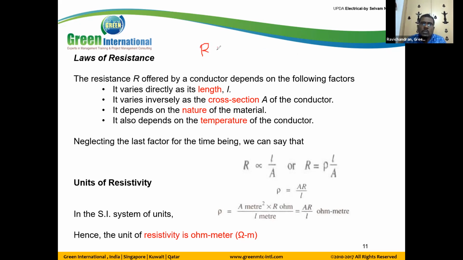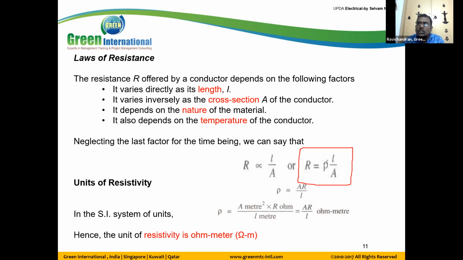R is equal to rho L by A. Just remember this formula, because from this formula we solve more problems. Sometimes even logical problems are solved simply by using this formula. So remember this formula.